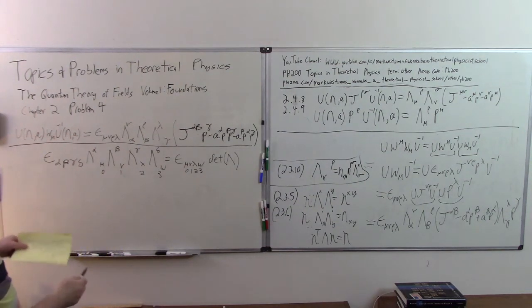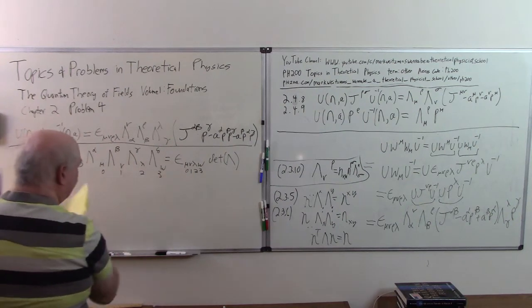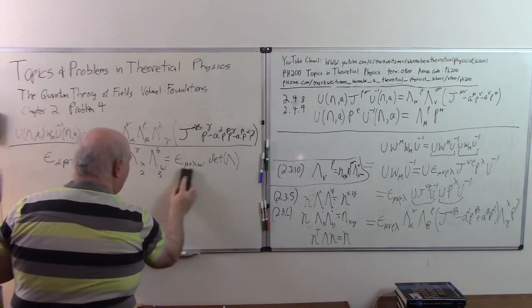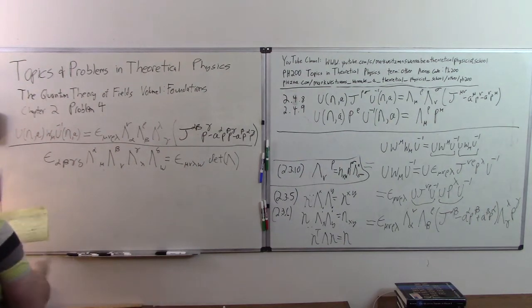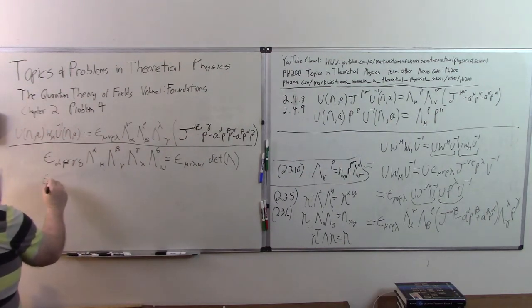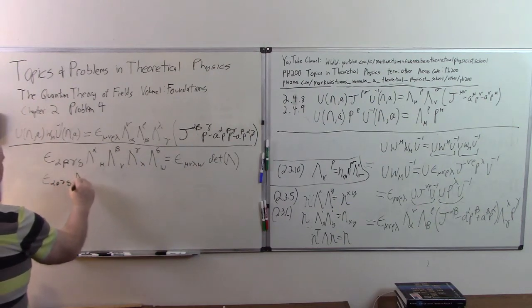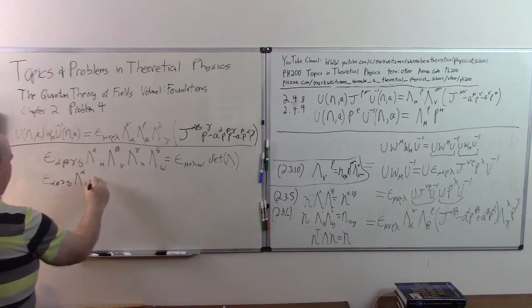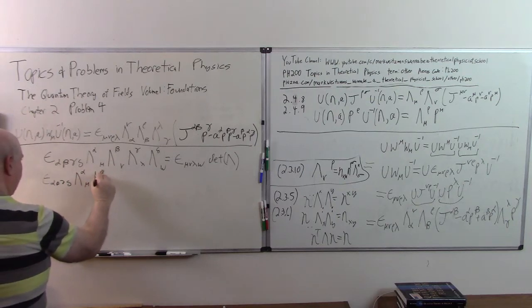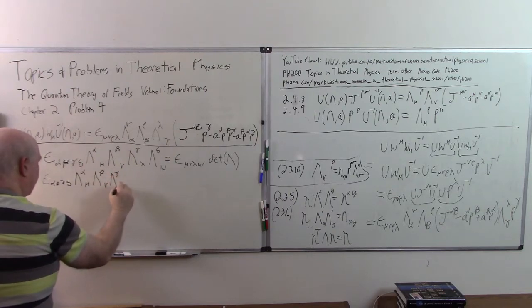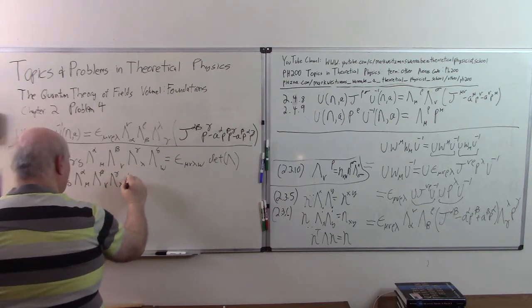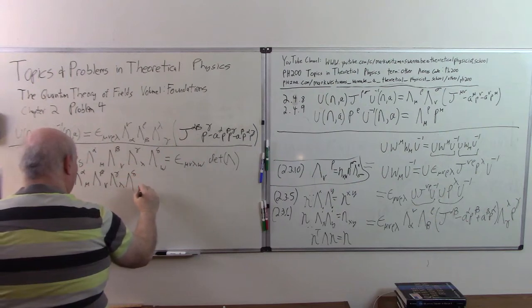So the first thing I do is multiply both sides of this equation by the same factor, and you'll see what that factor is. So I'm going to get epsilon alpha beta gamma delta lambda alpha mu lambda beta nu lambda gamma lambda delta omega.